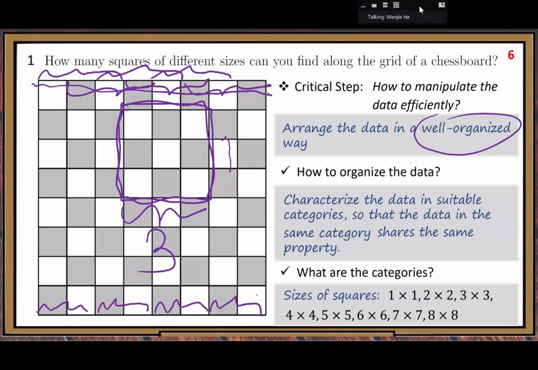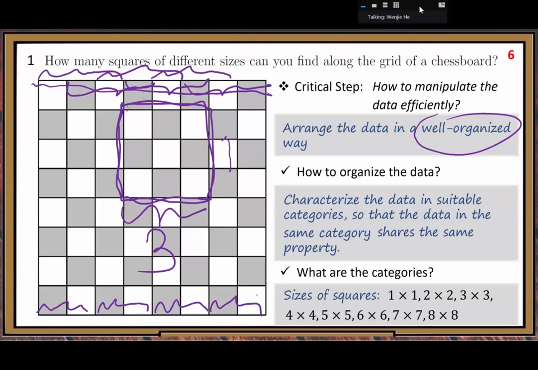How about vertical counting? Also 6. Symmetry: this figure has a very nice symmetry property, so we should take advantage of it.